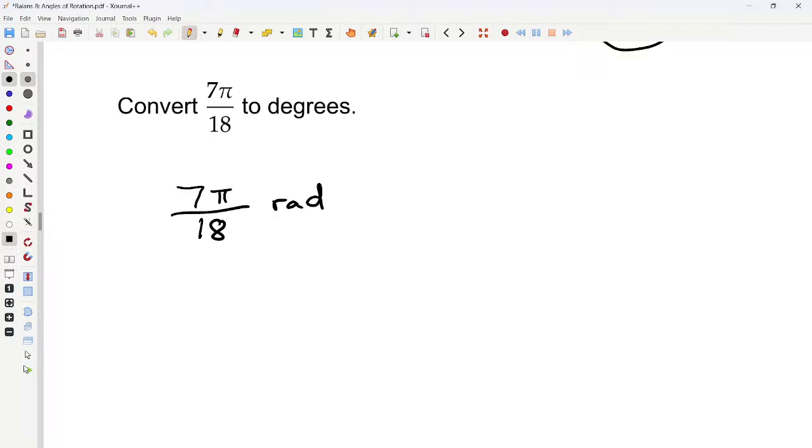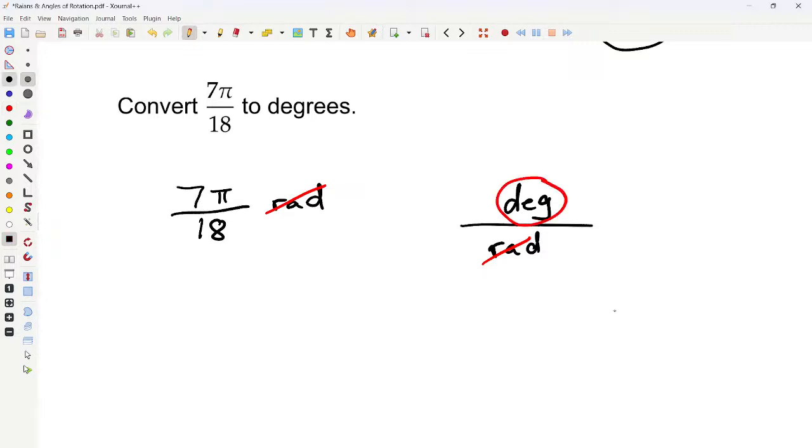You don't have to memorize that. You take a strategy that works now, other math classes, other science classes, which just says ditch the label. Go to what you want to. Those are going to cancel out. This will survive. And then I only have to memorize the gold standard, that 180 degrees is pi radians.